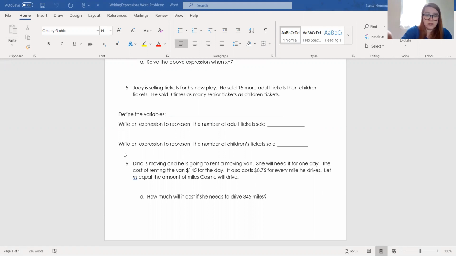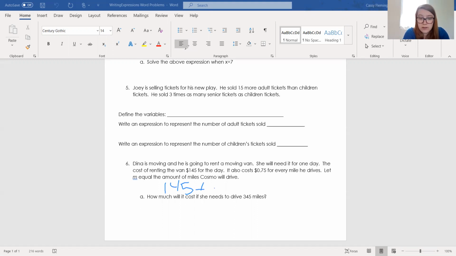So we just have to set up an expression and then solve for it. So we know whatever it's going to cost for mileage, it always costs $145. So even if you only drove 1 mile, you still have that additional $145.